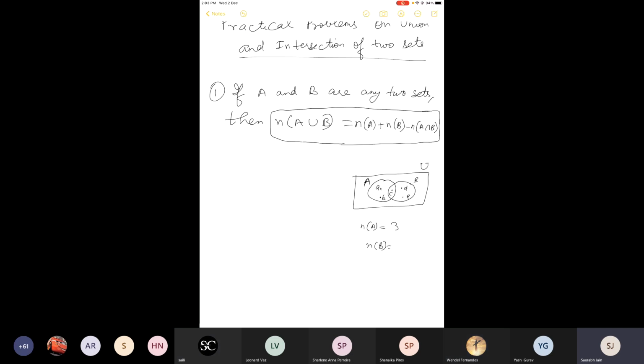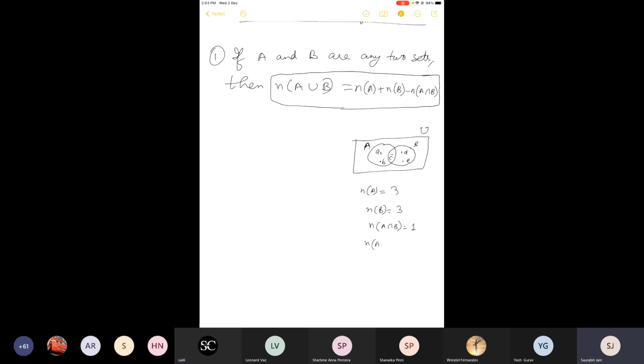That is C, D, and E. Now who will tell me how many elements are there in A intersection B? 1. That's correct. That is C. And finally, can anyone tell me how many elements are there in A union B? 5. Yes, and they are A, B, C, D, and E.